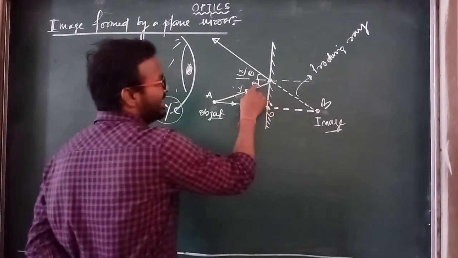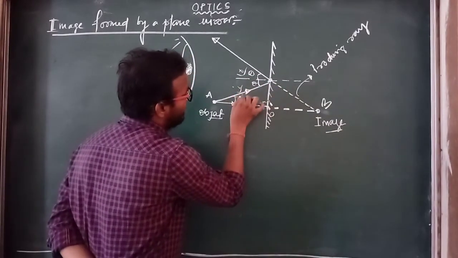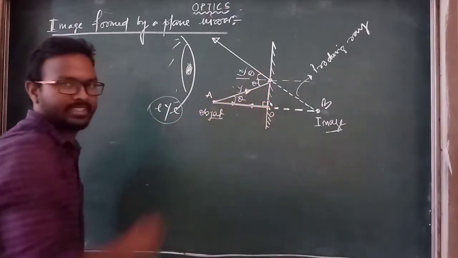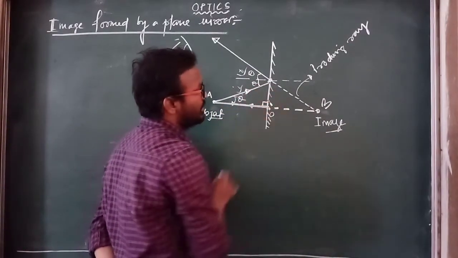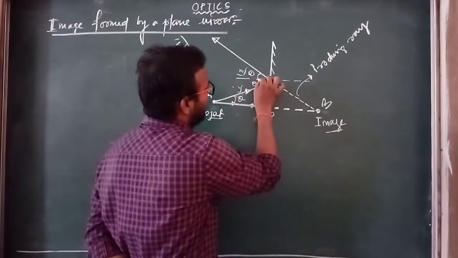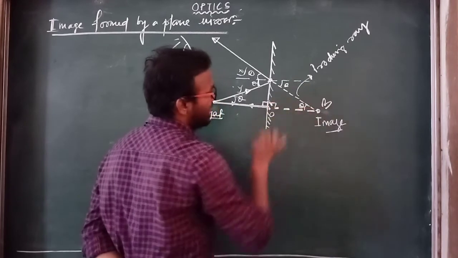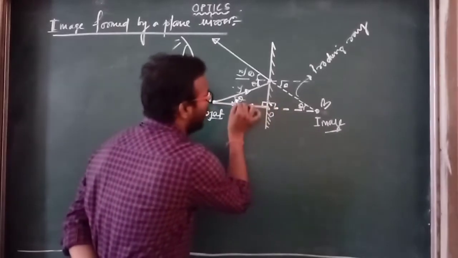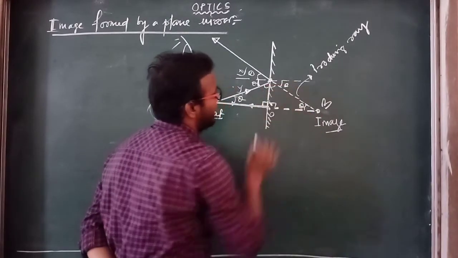If this angle is theta, this is a straight line, and this angle must be theta, because here also there is a normal, perpendicular to this surface. If this angle is theta, then this angle is also theta, and this angle is also theta, and this angle is 90 degrees. That means two angles are equal, and this angle is also equal, and this one as well.